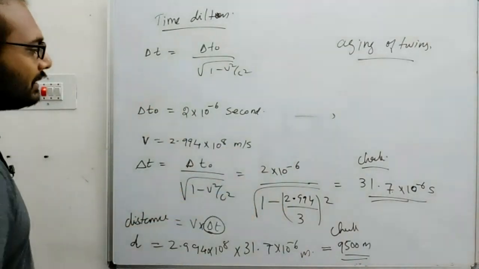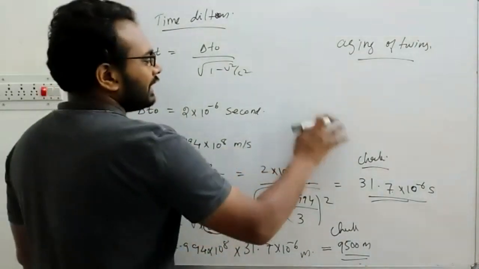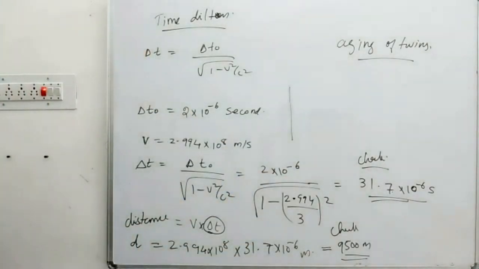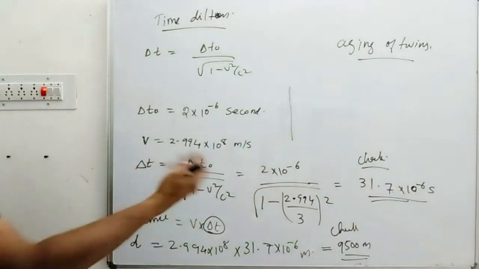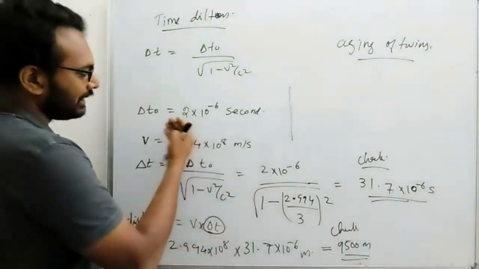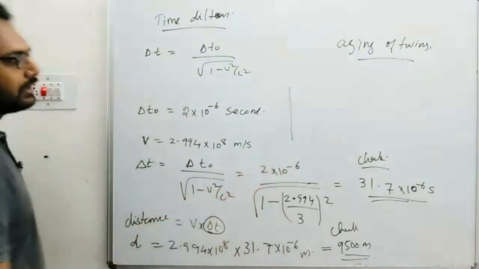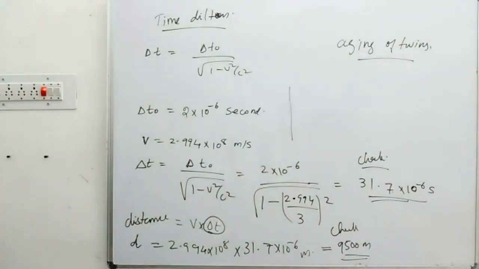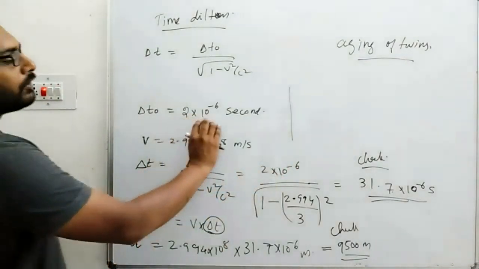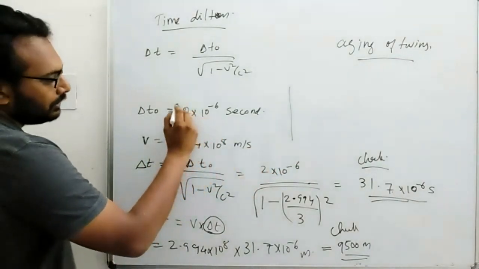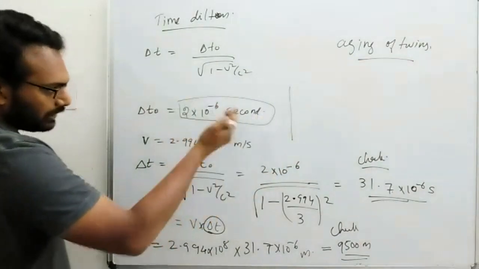So the idea is this. We see that muons actually travel much greater distances than we expect them to. That's because of this relativistic time dilation effect. We would explain it using the time dilation effect from the laboratory frame, but if you are sitting along with the muon, you know that the time is 2 into 10 raised to minus 6 seconds.